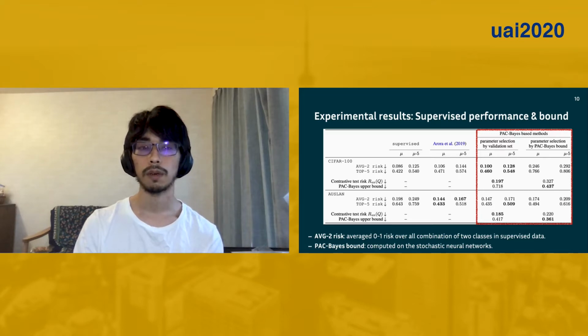The bold numbers in the table show the lowest value amongst contrastive algorithms per evaluation metric. So the proposed algorithms give good features such that the classifier can achieve competitively low risks. In addition, our algorithms also give non-vacuous generalization error bounds. Our paper contains more empirical results.